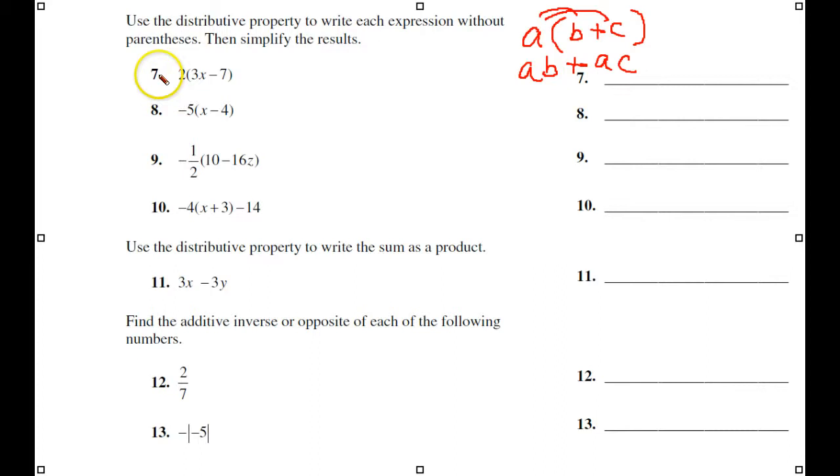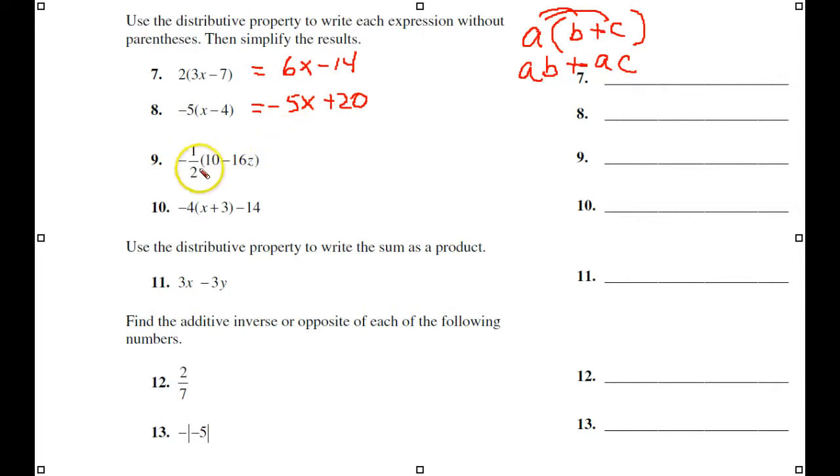Now, that's what they want you to do here, but I'm not going to write all that out. So just to do it regularly, I'll distribute. This will be 6x minus 14. And this will be a negative 5x plus 20.